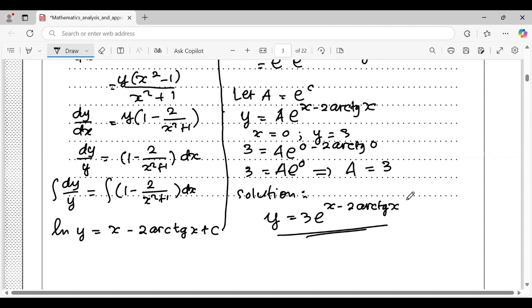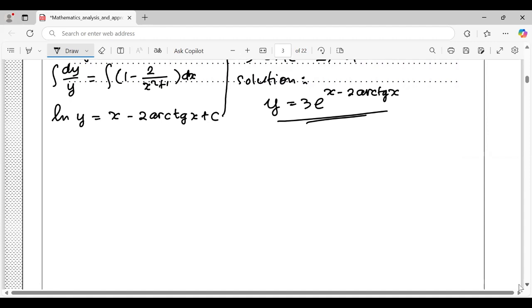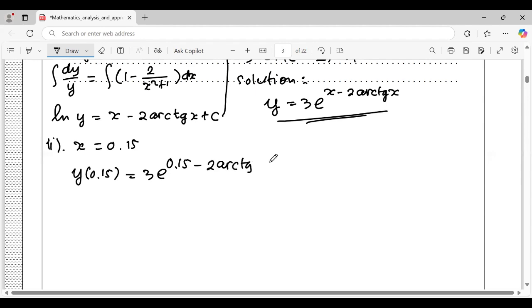Part 2. When x equals 0.15, just substitute into this solution: y equals 3e to the power 0.15 minus 2 arctan 0.15.